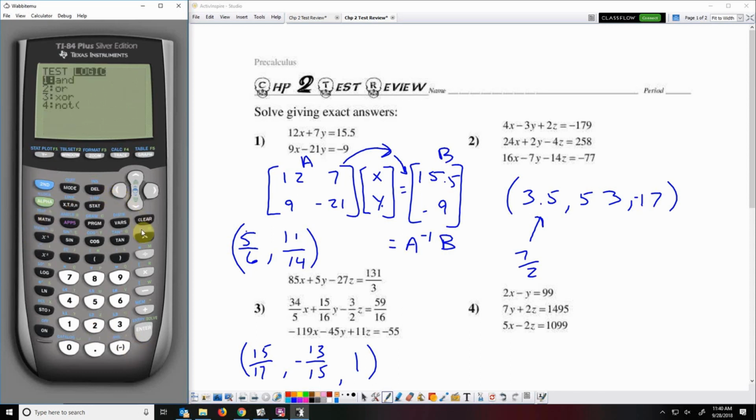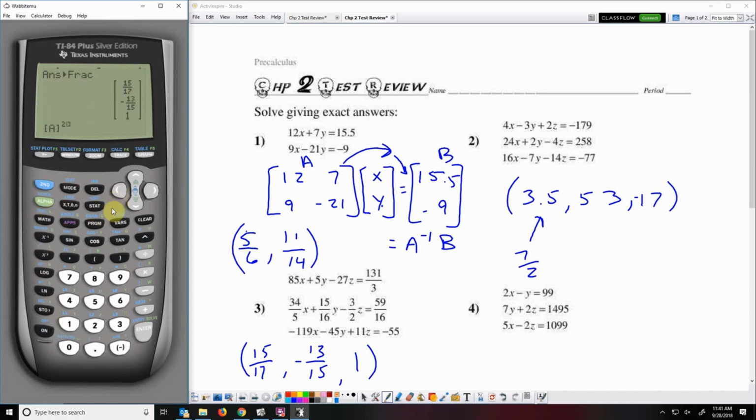Over to matrix 2, so we're going to edit matrix 2. And this is going to stay 3 by 1. So 99, 1495, and 1099. And then I'll quit. Second matrix 1 inverse.